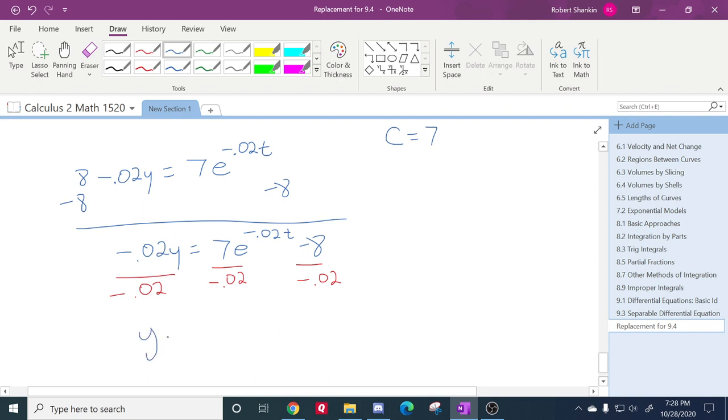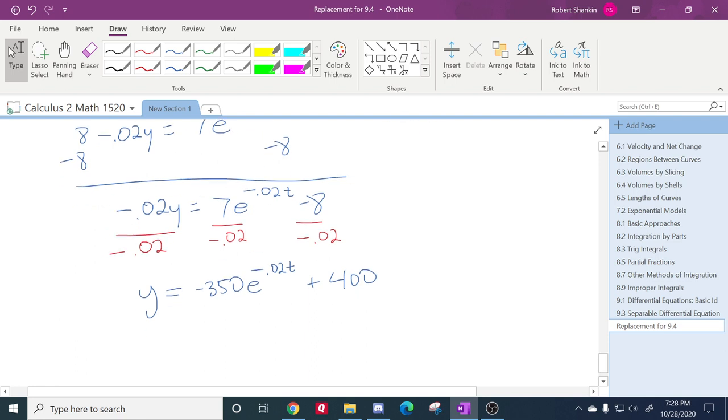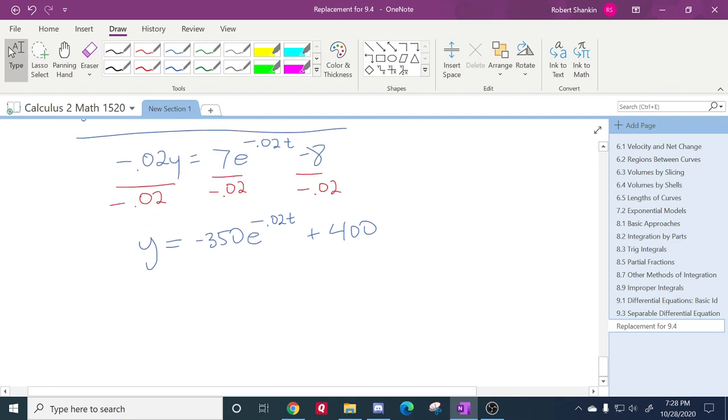And I'm going to get y equals... Now, that's the same as 1/50th. So 7 times 50 is 350. Negative by negative is positive. 50 times 8 is 400. I can leave my answer like this. I might like to see my answer in this form though.